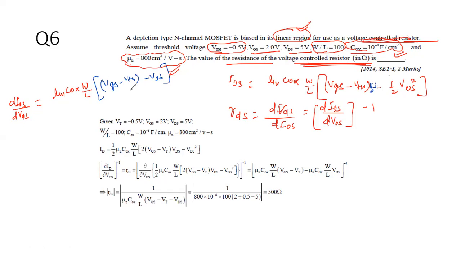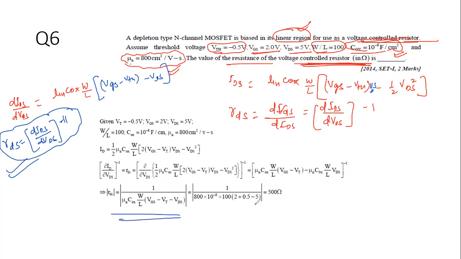Is that clear? So just put in all these values, and you will get RDS equal to dIDS upon dVDS to the power minus 1. This gives the RDS value. Putting in all the values, RDS becomes 1 upon mu n C oxide W by L into VGS minus VTH minus VDS.